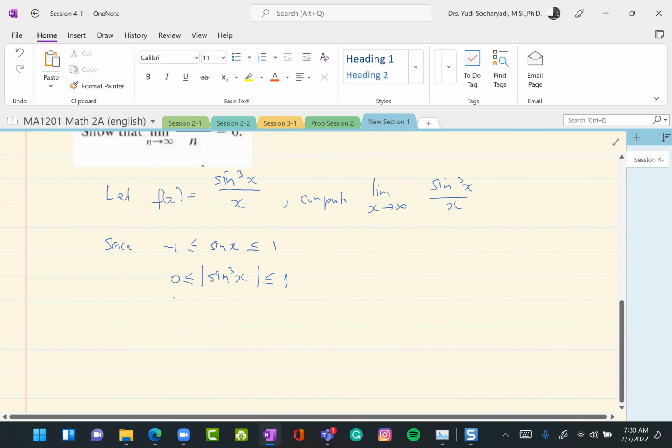And if you divide this by x, you get 0 versus just 1 over x.